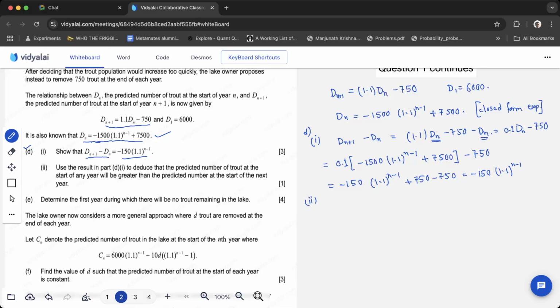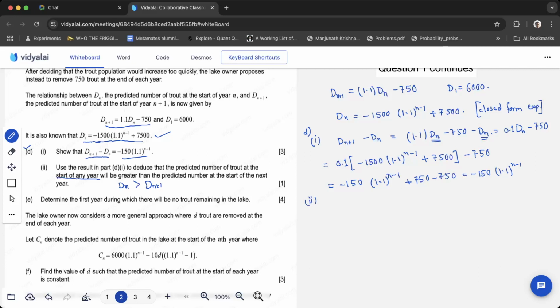And the second part asks that use the result in the first part to deduce that the predicted number of trout at the start of any year will be greater than the predicted number at the start of the next year. So at the start of any year, naturally we can write dn as the nth year's population at the start of nth year. And the predicted number in the next year would be dn plus 1. And it asks to deduce that dn would be greater than dn plus 1. So how do you show that?